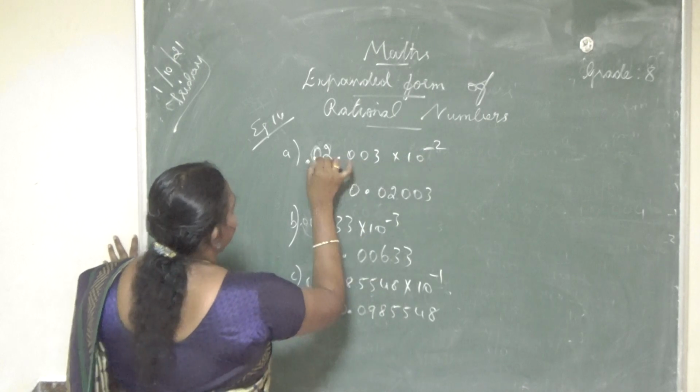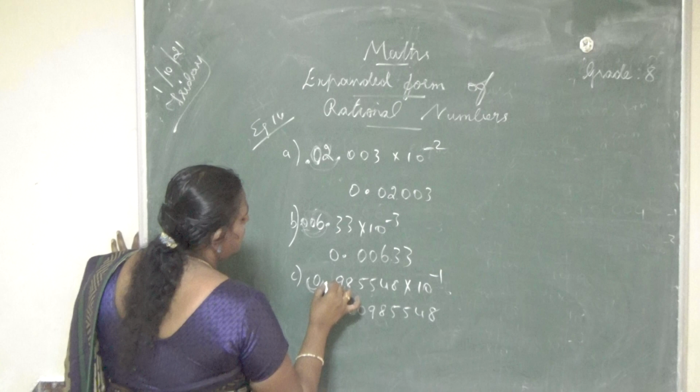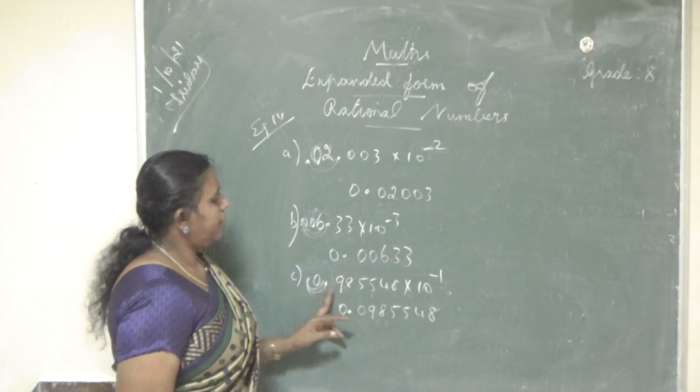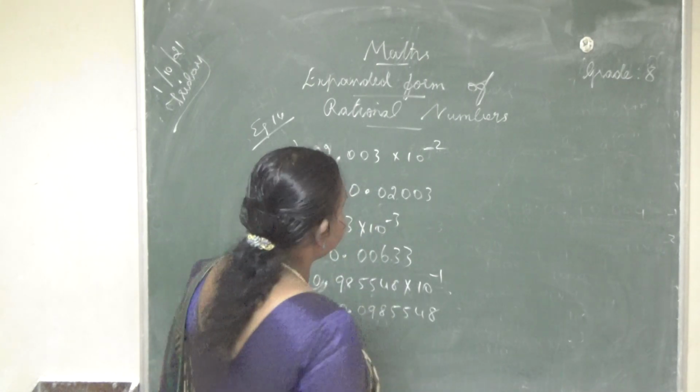Here 2 means 2 came here. Here 3 means here 3. Here 1, so it came here. 0.09858. Next, last problem.